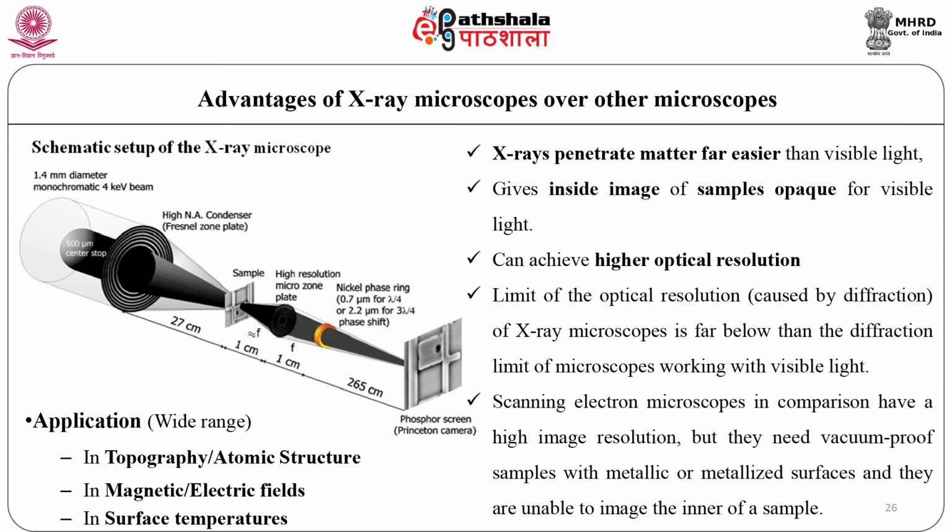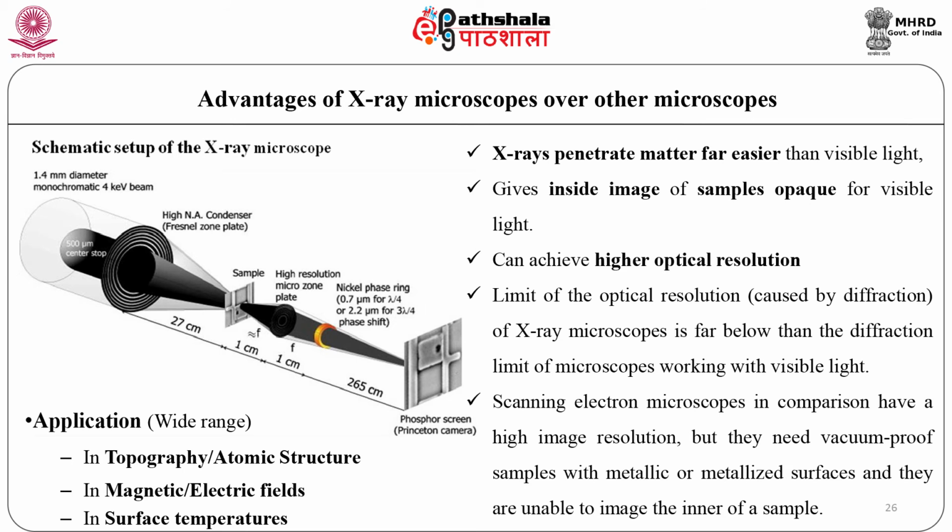Scanning electron microscopes, in comparison, have a high image resolution, but they need vacuum-proof samples with metallic or metallized surfaces. Scanning electron microscopes are unable to image the inside of the sample.